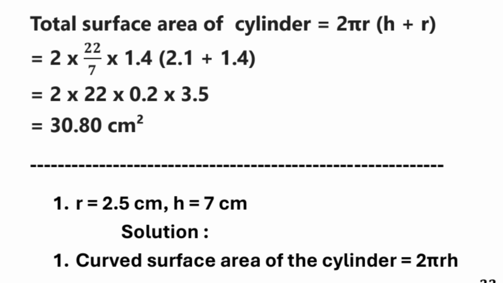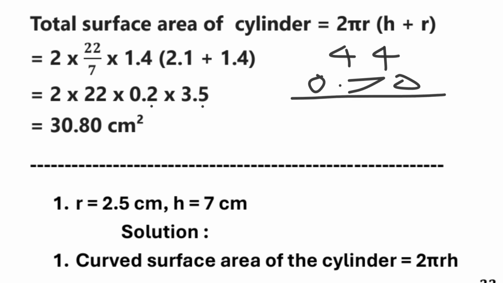Look here, 44, 2 into 22, 44, and 35 twos are 70. Okay. Now here two decimal places, 1 and 2. Therefore we put the decimal point here. Okay. While multiplication, don't write that decimal point, but I have taken it here, so we multiply here. Look here.